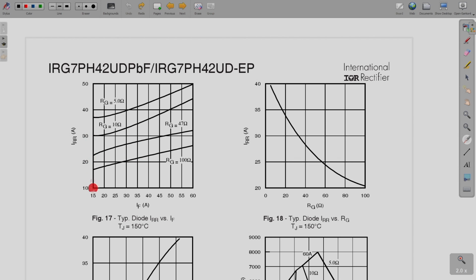So, the reverse recovery current for this diode is quite significant, and for different gate resistor values these are provided over here, for 150 degrees C. And this is how IRR changes with the gate resistor, which also has an effect on IRR, and that is what is provided by the manufacturer.